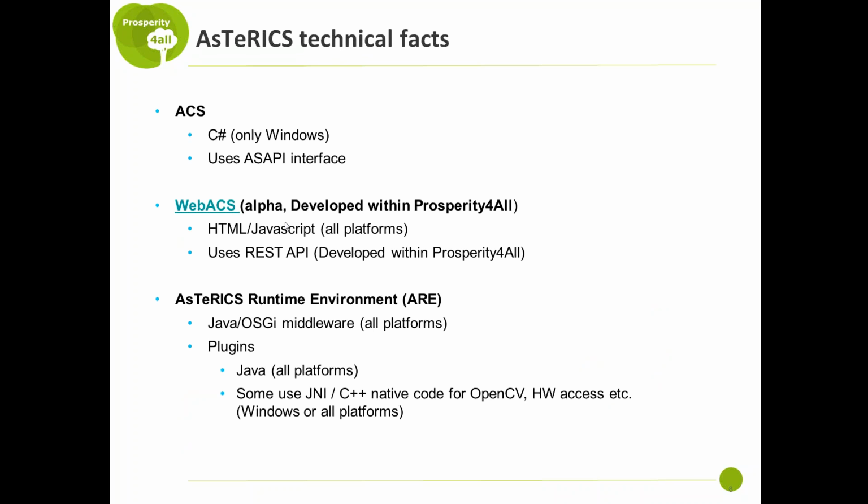Here are some more technical facts about AsTeRICS. The ACS is written in C# and is only available for Windows. This uses the ASAPI interface that connects it to the runtime environment. Within the Prosperity4All project, there's this web-based version of the ACS, and this is based on HTML and JavaScript, and it uses a RESTful API.